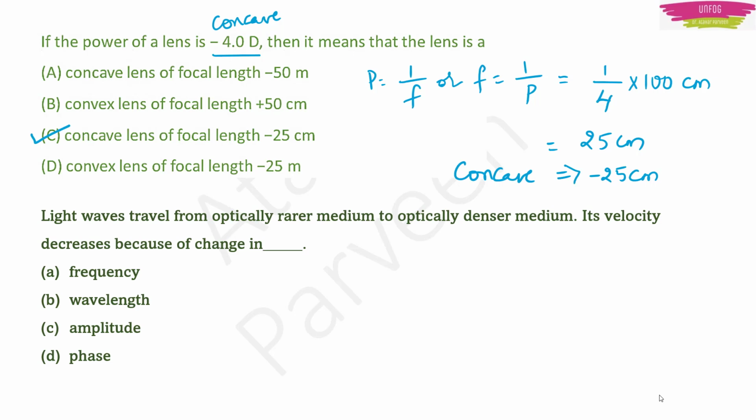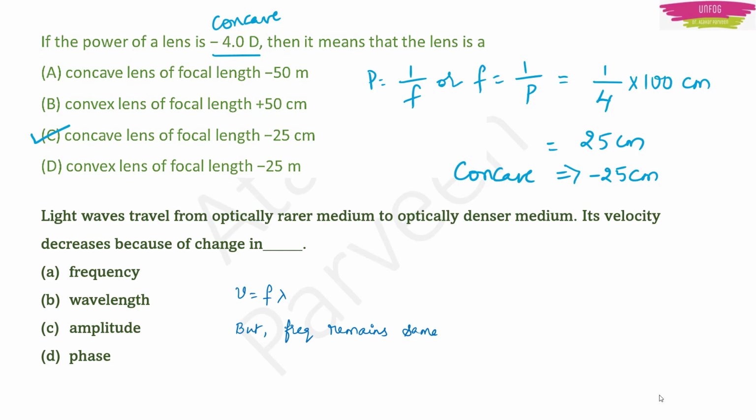Next question. Light waves travel from optically rarer medium to optically denser medium. Its velocity decreases because of change in, of course, it should be wavelength, because frequency remains the same. Remember, V is equal to F lambda. Velocity is directly proportional to the wavelength. We have done this in chapter sound in GPSTR time and in electromagnetic radiation chapter here in HSTR time.